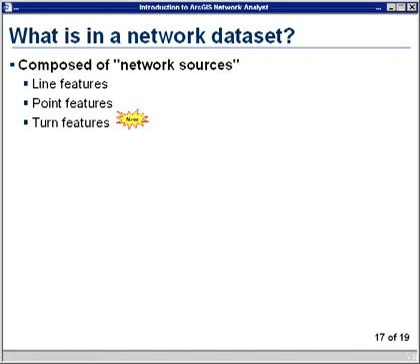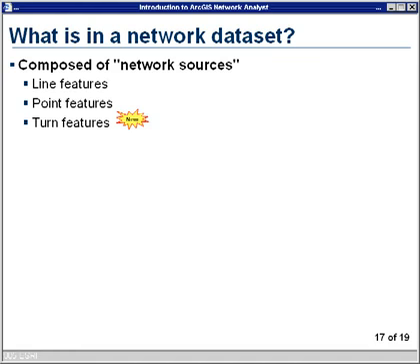These feature classes are called sources. Line features define one or more edge elements going between junctions. Point features define junction elements. Wherever an edge ends and there is no explicit point feature, a system junction will be created automatically.